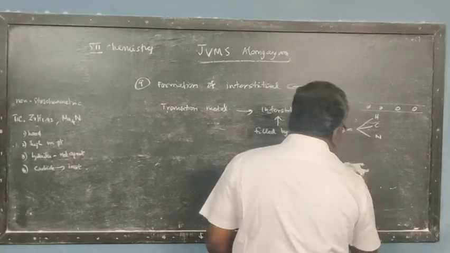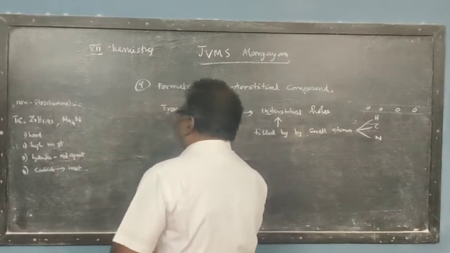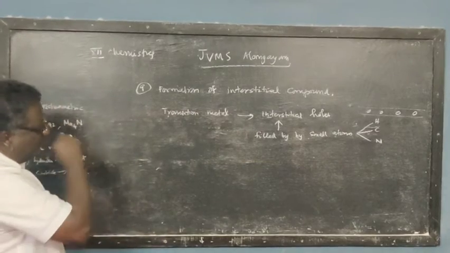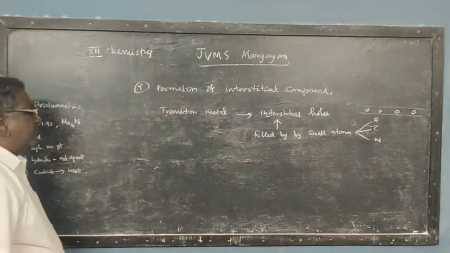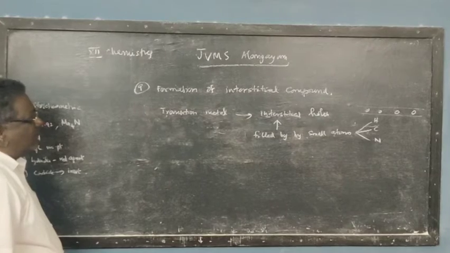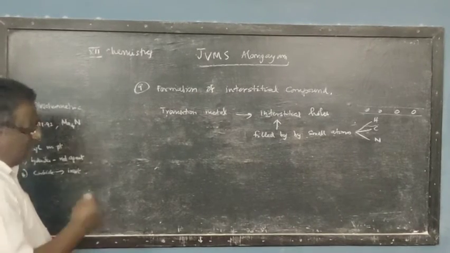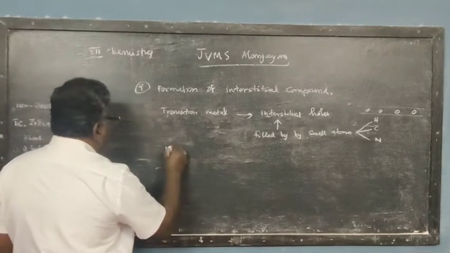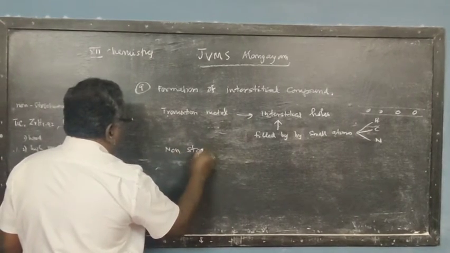So these are the smaller atoms which easily fill up the small holes in the interstitial holes, and they form a new type of compounds, which are being called the interstitial compounds. And mostly they are found to be non-stoichiometric in their nature.